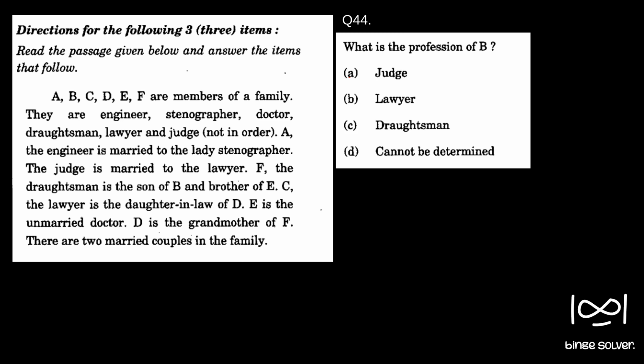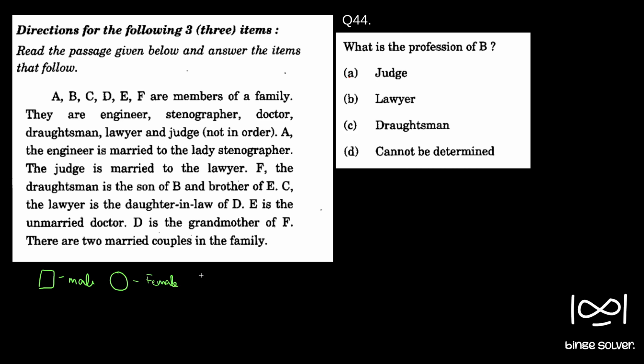I will be using certain notations or symbols for easy drawing. You can come up with your own symbols; it's completely up to you. You need not take the symbols I draw. Just come up with symbols that are easy for you to remember. The symbols I am going to use are a square to denote male, and a circle to denote female.